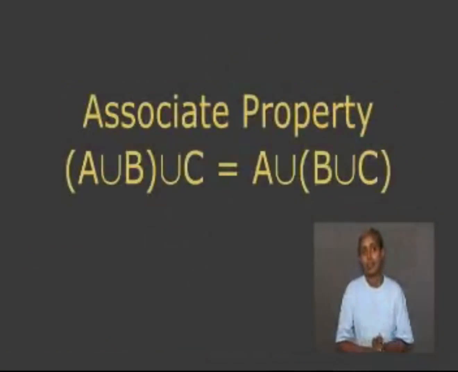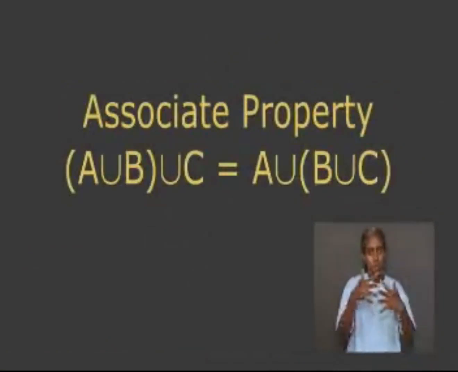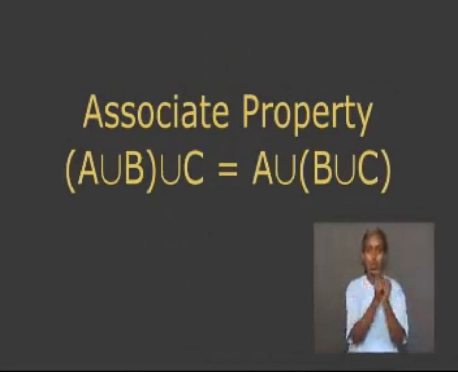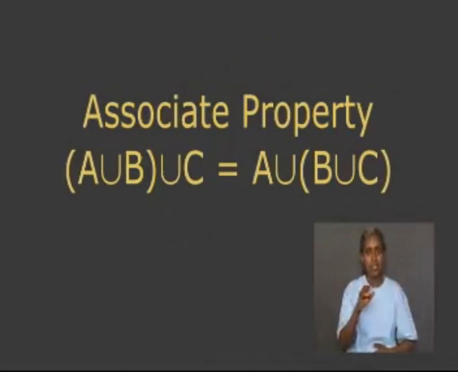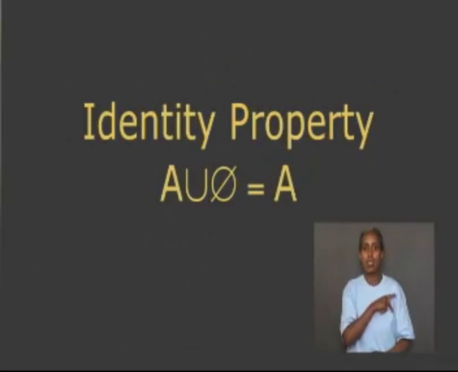A union B, union C equals A union B union C. This is an associative property. A union a null set or an empty set will always equal A. This is an identity property.